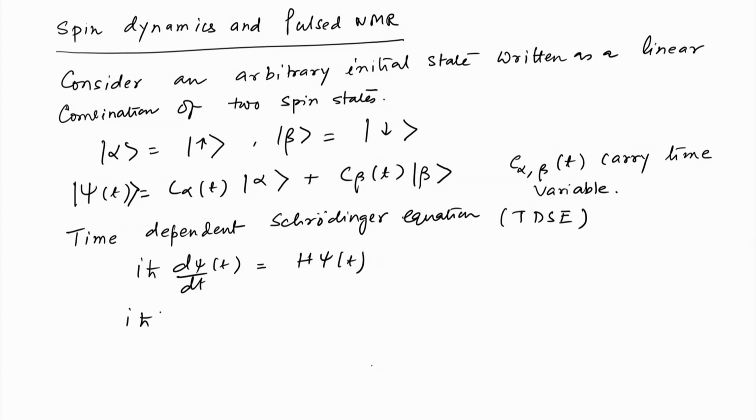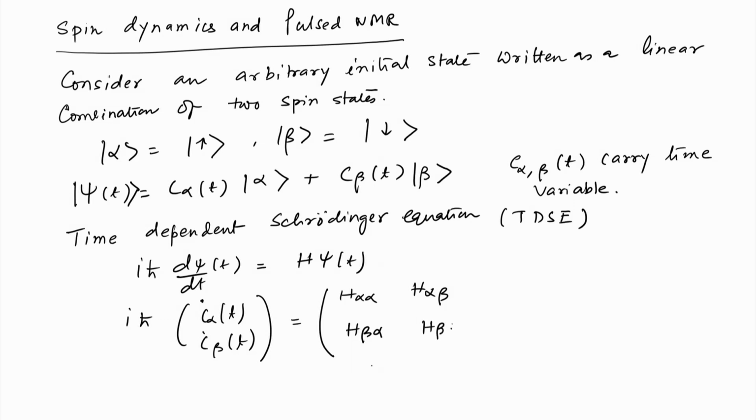So, this is i h cross C alpha dot, because the time dependencies are on C alpha and C beta only, equal to the matrix H alpha alpha, H alpha beta, H beta alpha, H beta beta. So, it is clear that H is written in the alpha beta basis, acting on C alpha(t) and C beta(t). This is nothing but the Schrodinger equation, which we call TDSE.